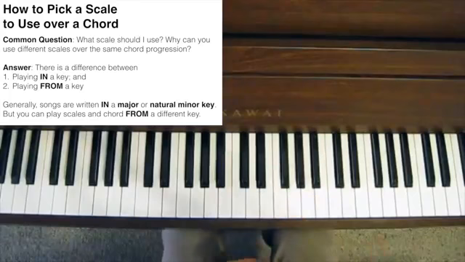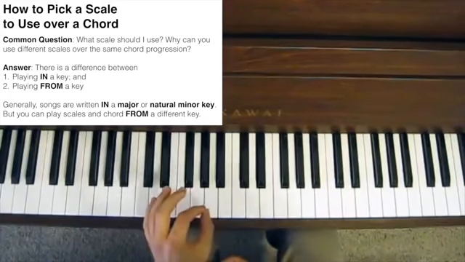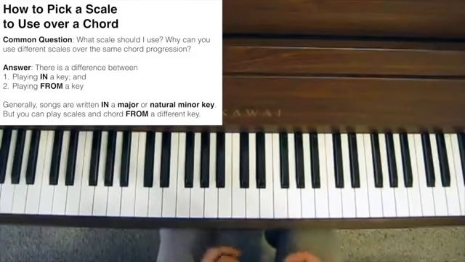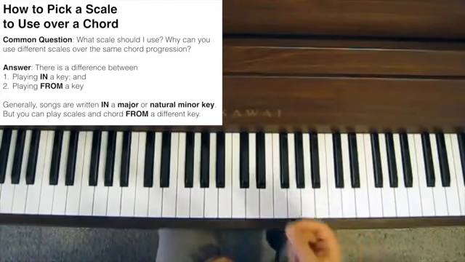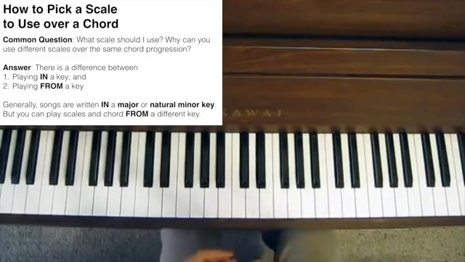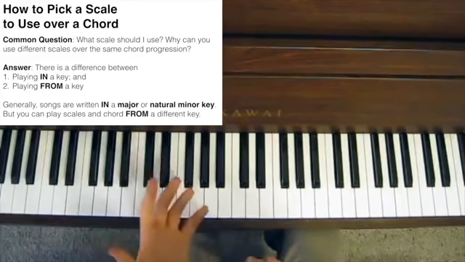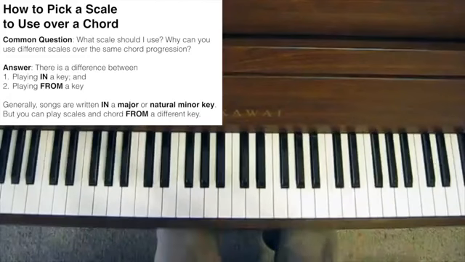Now, in order to answer those questions, we need to differentiate between playing in a key and playing from a key. Songs are generally written in a major or a natural minor key, the natural minor being a mode of the major scale anyway. So you generally don't see songs with a harmonic minor key signature or a whole tone key signature or weird things like that.